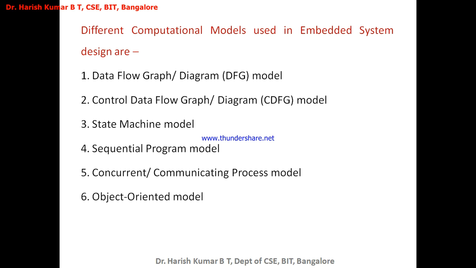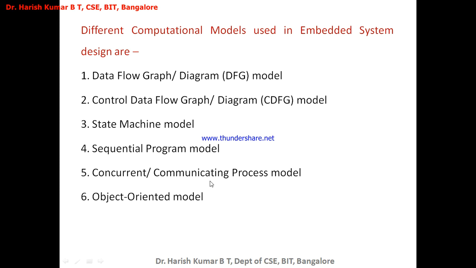Okay, one is data flow model, another one is the control flow model. So next is you can also use the state machine model. Again you have something called as finite state machine model here, and then sequential programming model. This is another computational method or the model which can be used for design and building the embedded system.